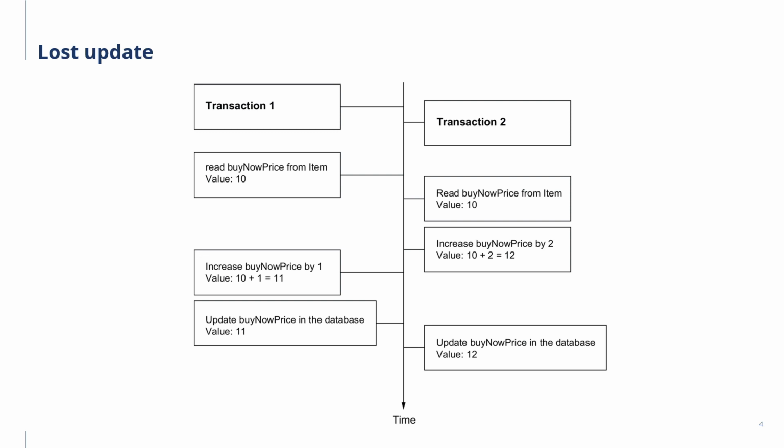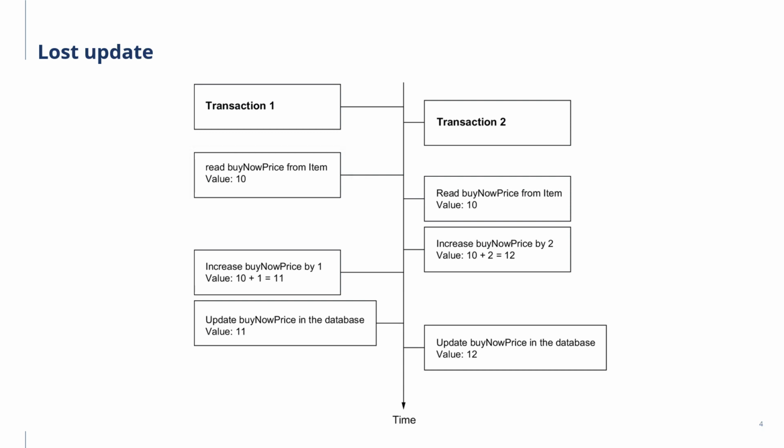Lost update will mean I have two concurrent transactions, and here the first transaction will say, okay, let me look at the buy now price. We are talking about an auction, and for some objects that are given for that auction, we are having some buy price. And let's say that the first transaction reads the buy now price as value 10.